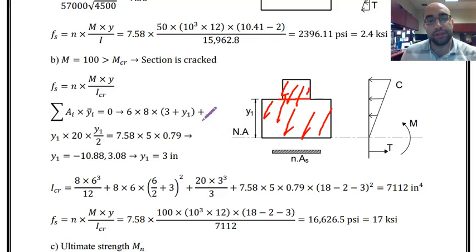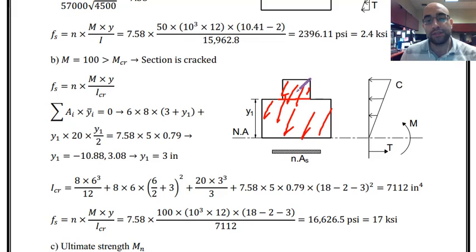As you can see, the moments because of those are calculated over here. The first term is the moment because of this one, that is 6 by 8, the area, multiplied by y1. I don't know its value, so I'm just considering it a parameter. We will find it, and once we find it, we know the location of the neutral axis.